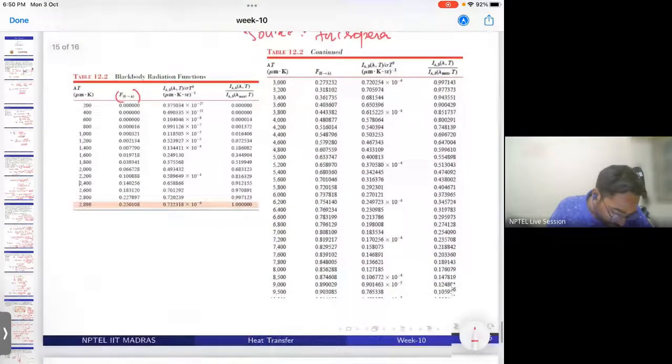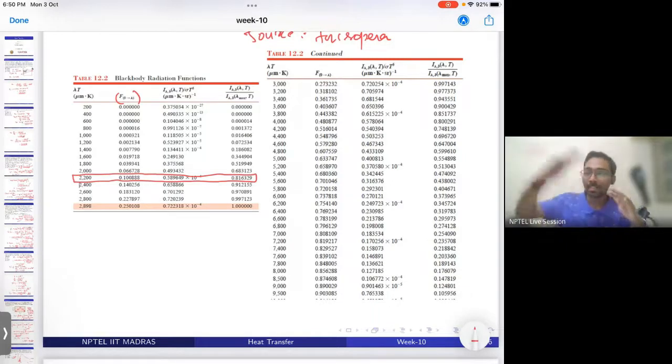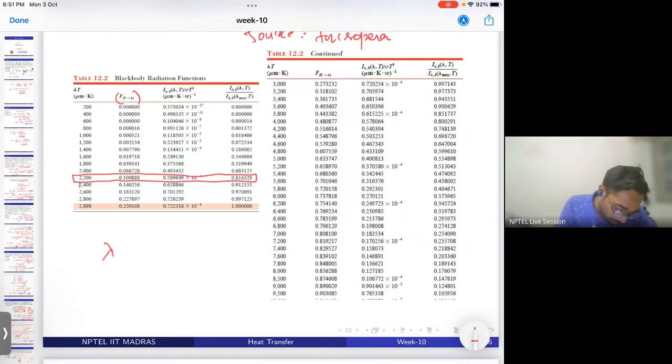We need to calculate up to 0.1, that is 10%, from 0 to this lambda. So we have lambda T is equal to 2200. I hope how to use this graph or this table is clear.